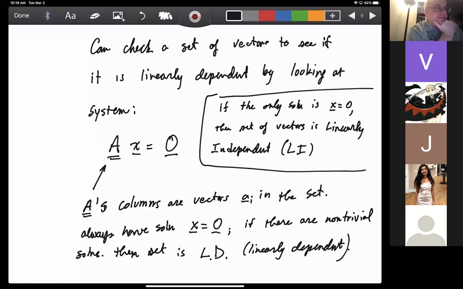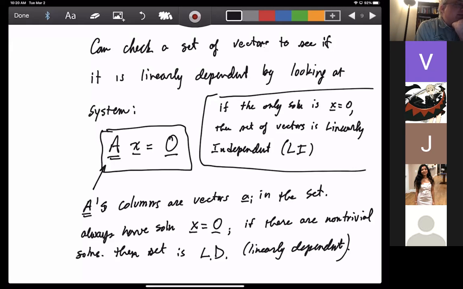So if you have a set of vectors, you want to check whether it's linearly independent or dependent. You can set up this linear system where you use the vectors as the columns of your coefficient matrix A, we're calling it.